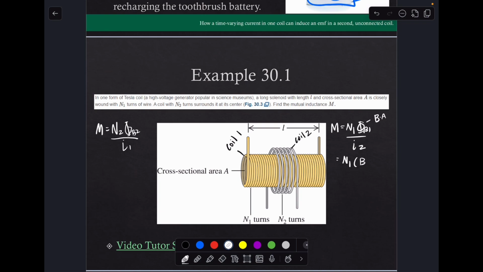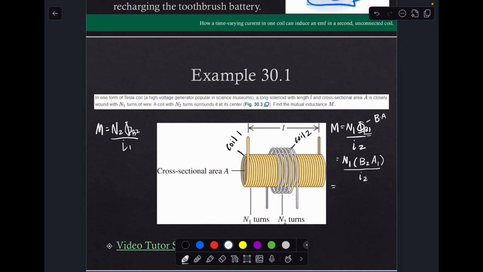It's coming from the other coil, so I would denote that as B2, the magnetic field created by coil 2, through area 1, through the area of coil 1, and the area vector and the B field vector are parallel, so I'm dropping my cosine theta, it's 1, divided by the current flowing through 2.